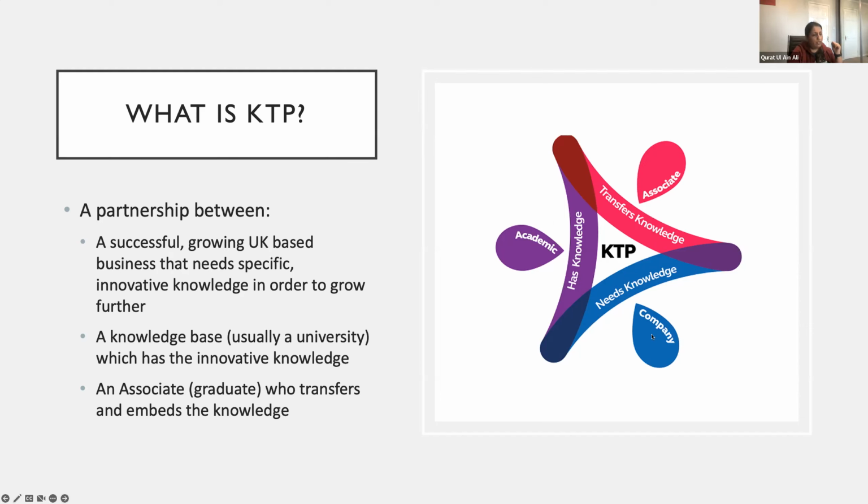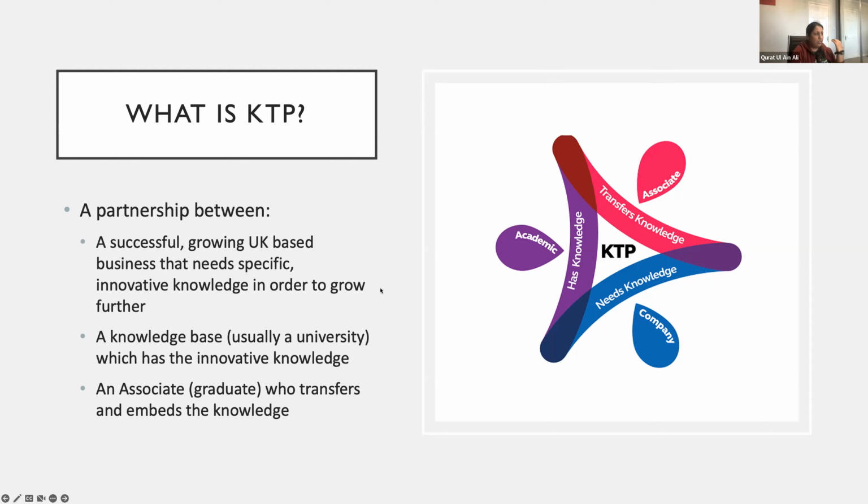And then there is a company or an industry that needs knowledge. And the third one is an associate, which would be a bridge between the academic partner and the industrial partner. So in a KTP, we have three major partners: academic, company, and associate.